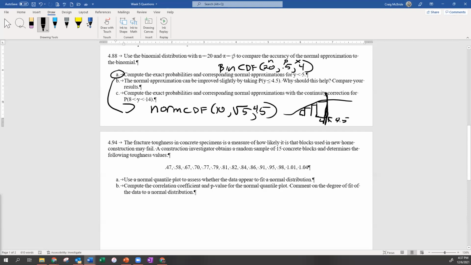So n times p is exactly 10. N times q is exactly 10. So this is basically as small as our sample can get in order for the approximation to work at all. The larger the sample gets, the better the results get. So with such a small sample of 20, it's going to be a rough approximation. It ain't going to be great.